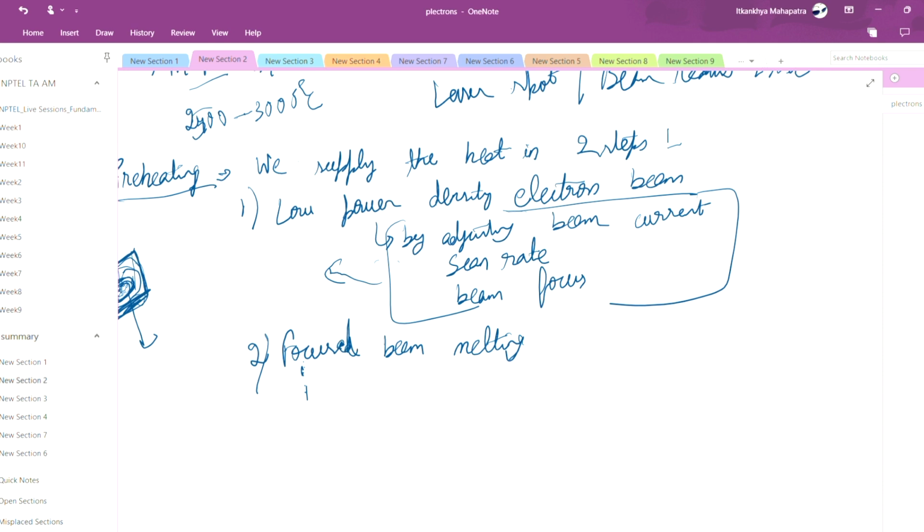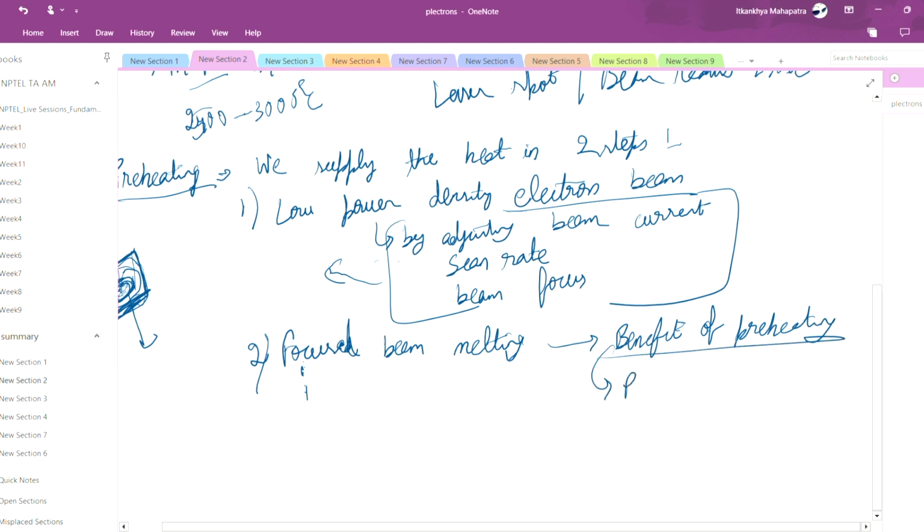Another benefit of using preheating is that it reduces powder smoking.